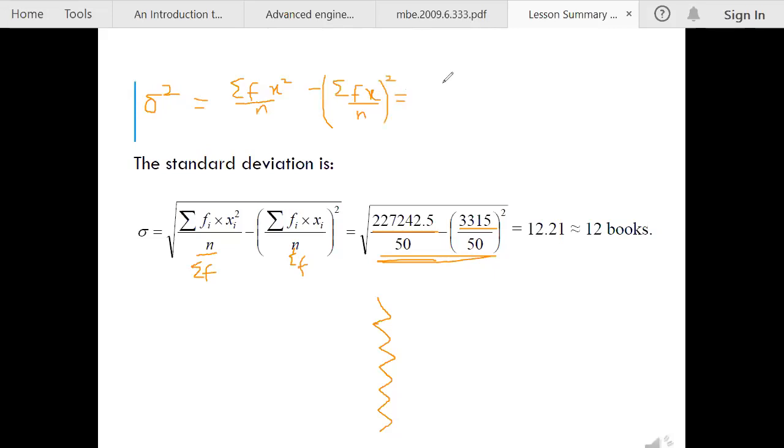That gives us 227,242.5 over 50 minus 3315 over 50, squared. So what do we have for our variance? I would prefer 3315 divided by 50 gives us what?